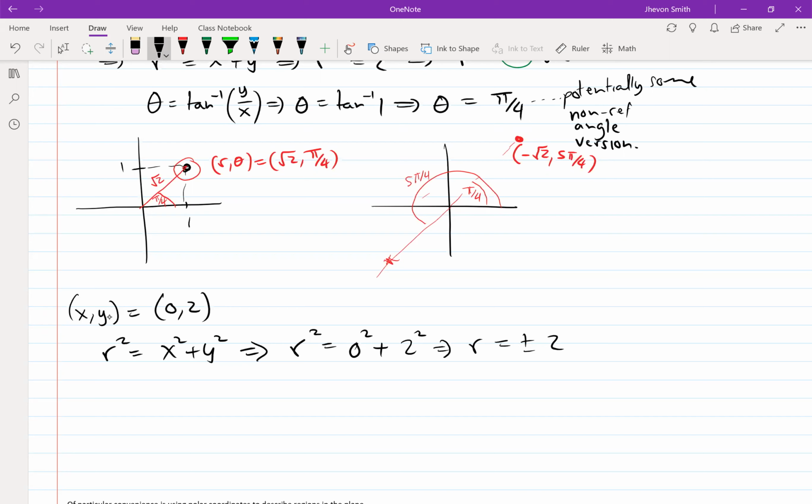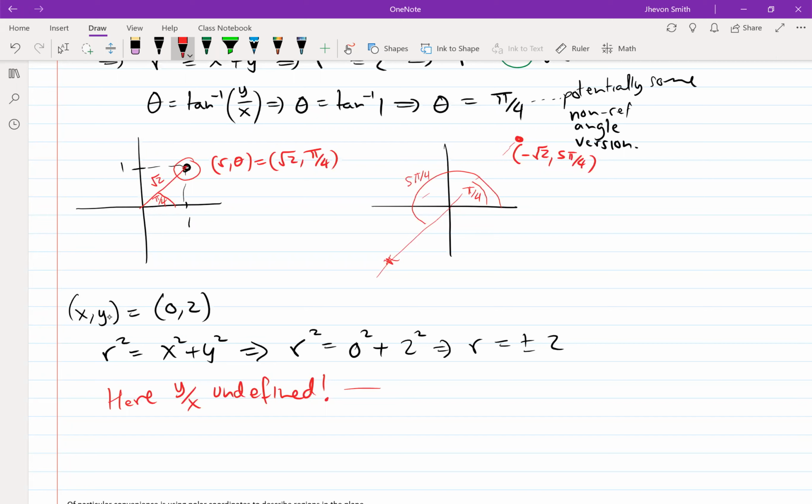So here's something that you want to notice here. y over x is undefined. How do you think of dealing with that? Well, now we have an r value, so we can use one of the formulas from before.